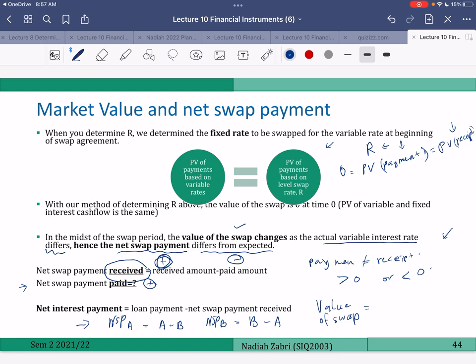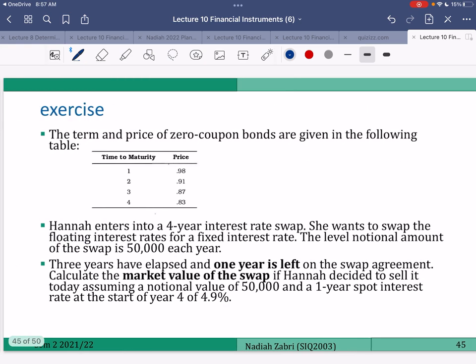So you will find the present value of all net swap payments that you expect to receive, not the ones that you expect to pay. So when you are valuing, make sure you are finding the present value of all net swap payments that you will receive. So just be careful with the positive and negative signs. Okay, let's see an example.